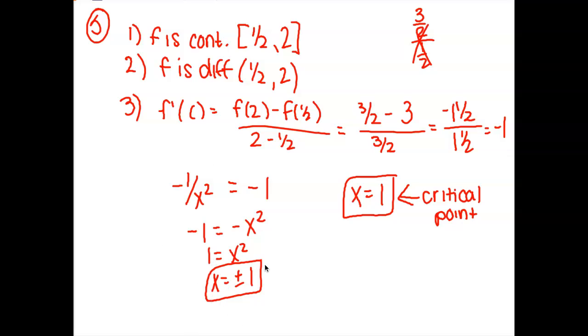And then we solve, and we get x equals 1 in this interval. So again, you had 2 c values, but only one of them is in the interval. So the answer to number 5 is 1.